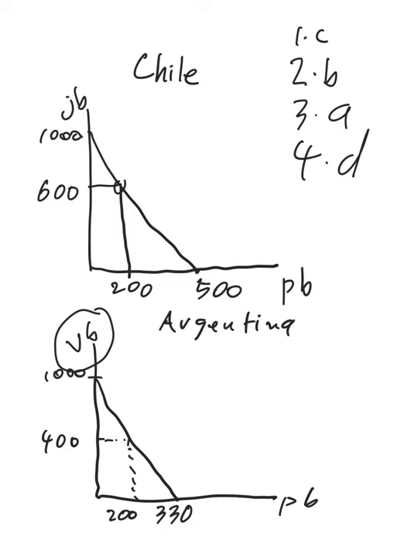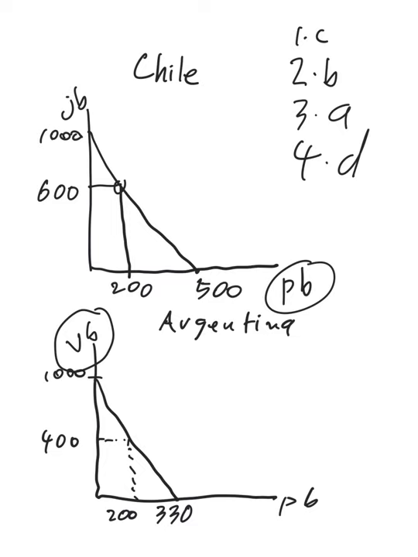And we also know that if there is trade, Chile will be exporting the good in which it has the comparative advantage. And that good is peanut butter. So we have to be very clear. If trade occurs, which is the premise for question 5 to even make sense, Argentina will export jelly beans, Chile will export peanut butter.